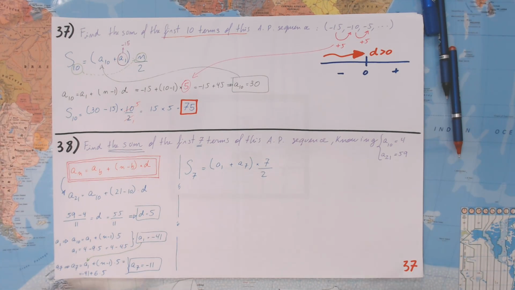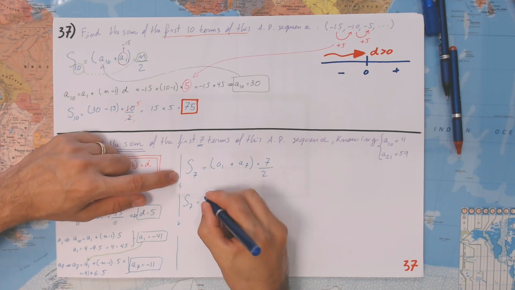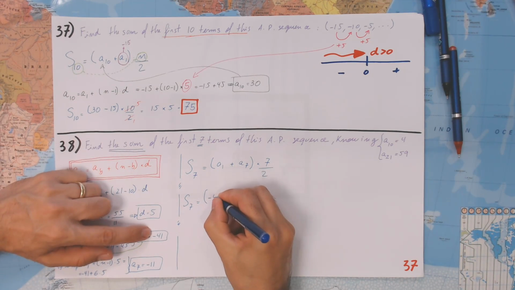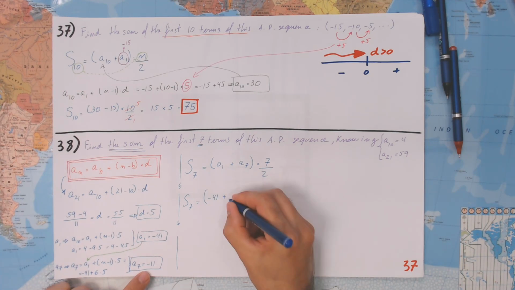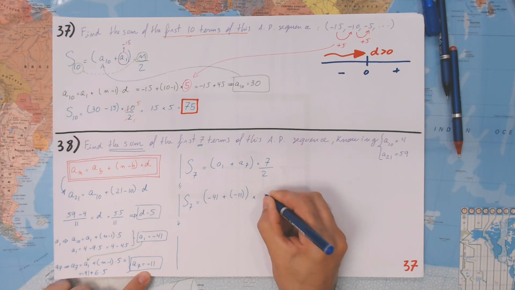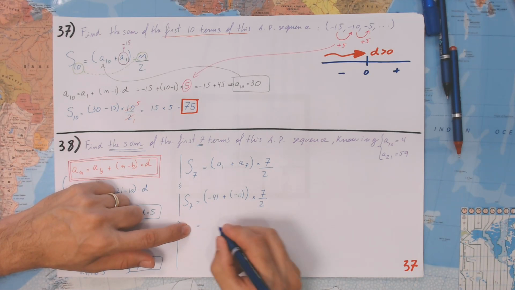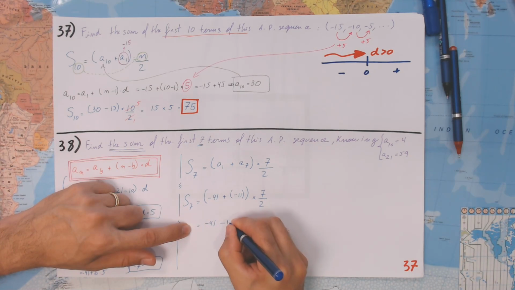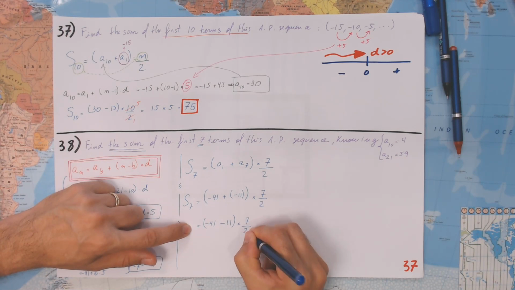Now we know everything, so S7 is going to be A1, minus 41, plus the last one, which is minus 11, times 7 divided by 2. Which is minus 41 minus 11, times 7 divided by 2.